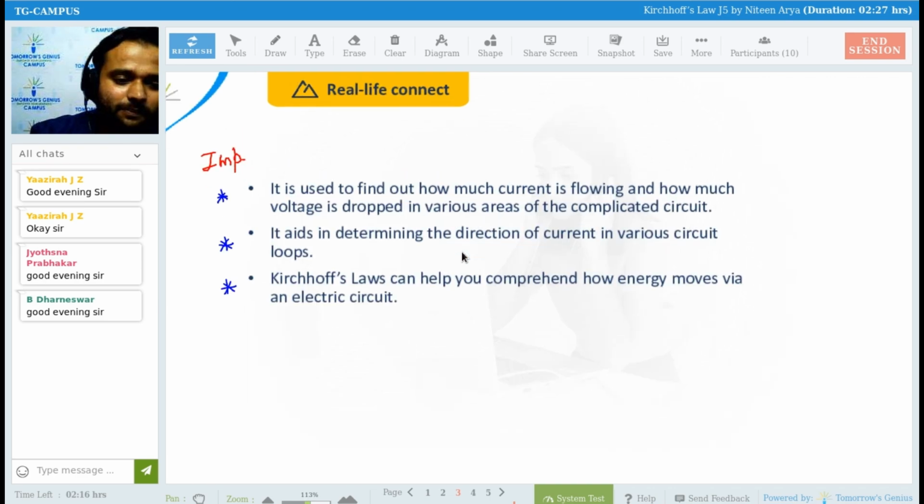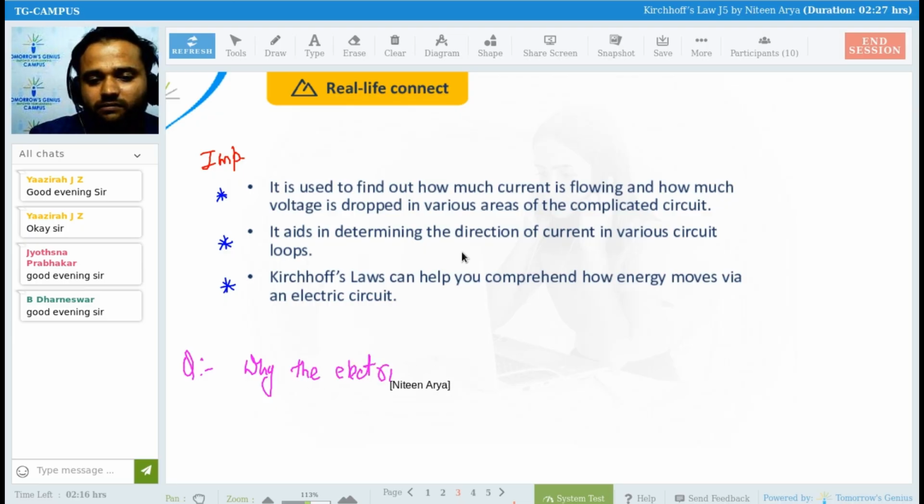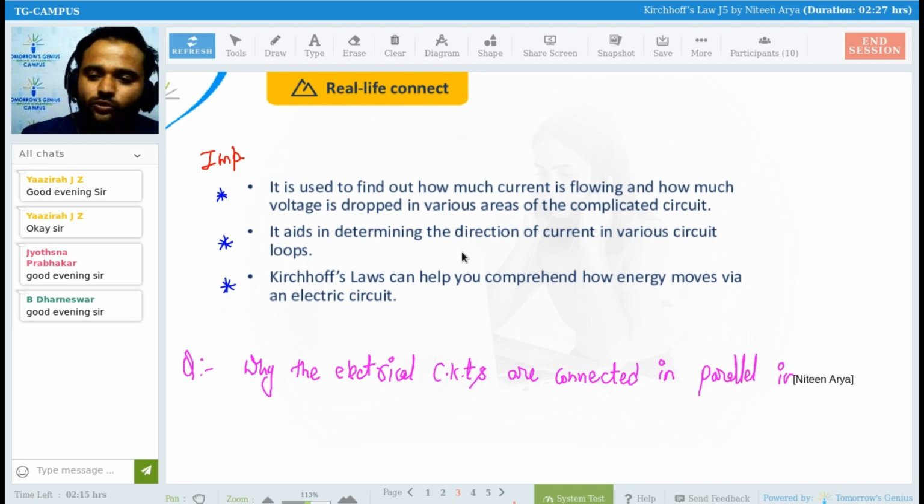Okay, I repeat my question. Why are the electrical components or electrical circuits, CKT stands for circuits, connected in parallel in household circuits?